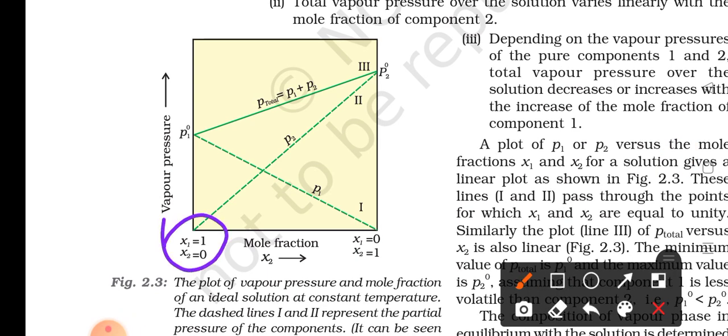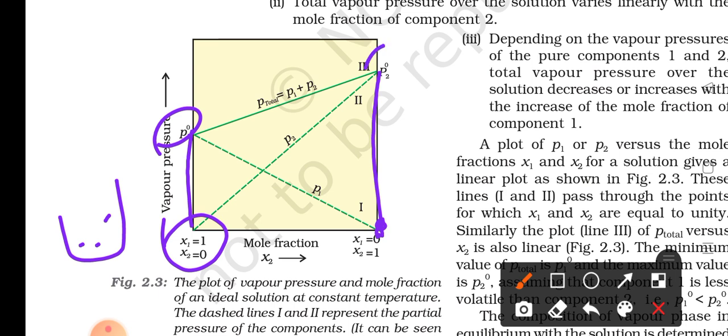Here the mole fraction of liquid 1 is 1 and the mole fraction of liquid 2 is 0. That means only liquid 1 is present, so it has the vapor pressure of pure 1, that is p1 naught. And here only liquid 2 is present and 1 is not, so the vapor pressure is that of pure liquid 2, p2 naught.